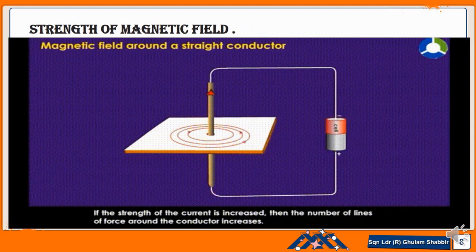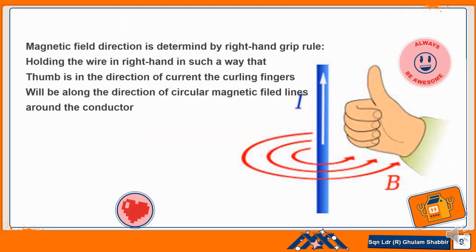Okay, so now this is how we can find the direction of the magnetic field lines, circular magnetic field lines around the conductor. If we hold the straight wire in our right hand in such a way that the thumb is in the direction of the current, like in this picture, the thumb is along the direction of the current in upward direction, then the curling fingers around the wire will be showing the direction of circular magnetic field, like in this direction, that is in anti-clockwise direction, if the current is going in upward direction.